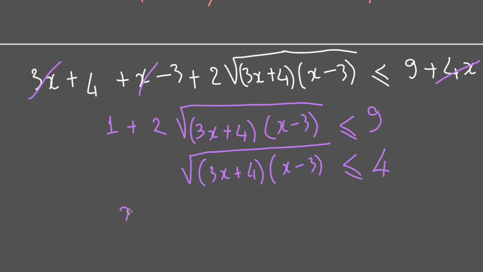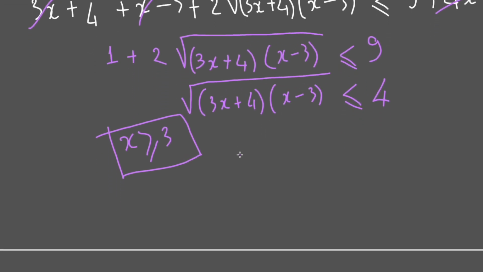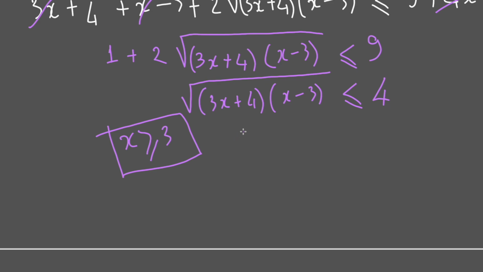We have the condition of x greater than 3, and you can see that this will always match, as the expression inside the radical is always greater than 0. So in this case, we don't need to add any more conditions for x. So let's square both sides of this.